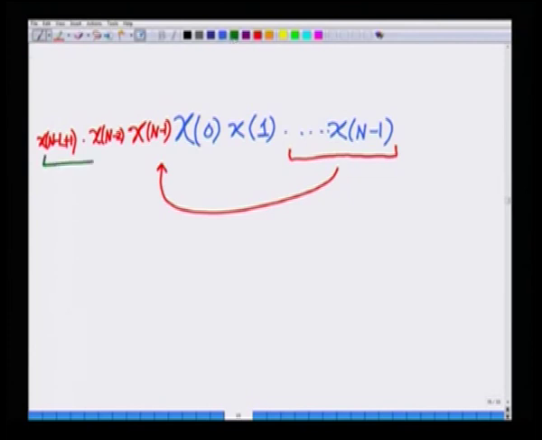So, this is essentially a prefix. Let me name this. First, this is a prefix, and there is a cycle here, that is whatever I have here is cycled back to the end, hence this is known as cyclic prefix.